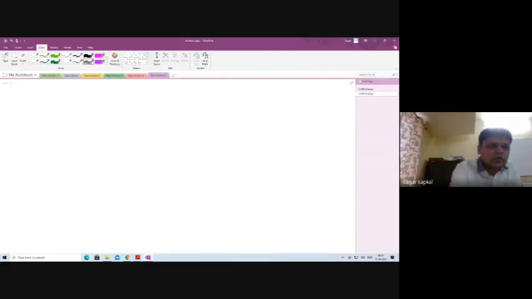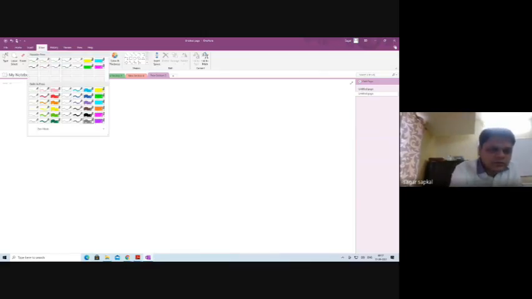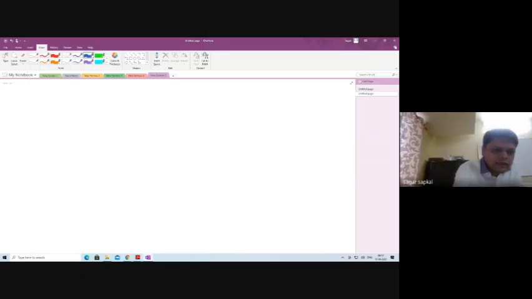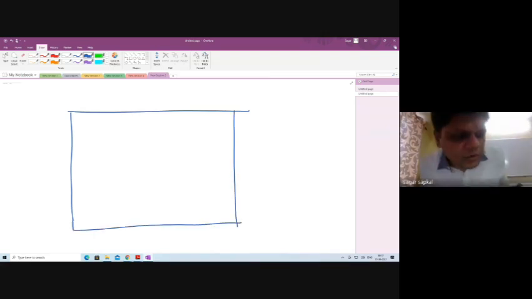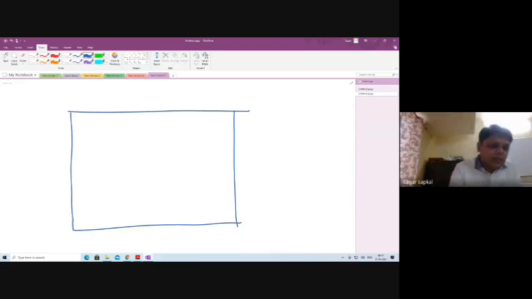Similarly, a matrix is required. Here it is a square matrix. So what is there? Here there are workers.